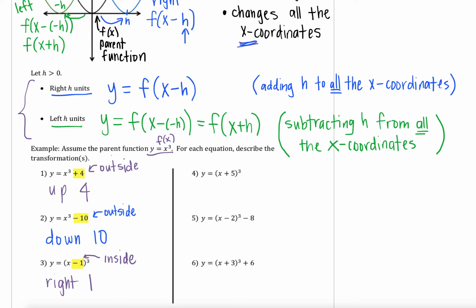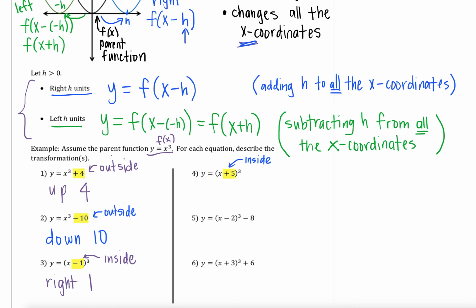In example 4, we have y equals x plus 5, the entire thing cubed. Again, that cube power is coming from our parent function. The transformation is happening from the extra stuff, so that's happening from that plus 5 that is being added to the x. Is that plus 5 happening inside or outside the function? That plus 5 is happening inside the function since it's inside those parentheses.